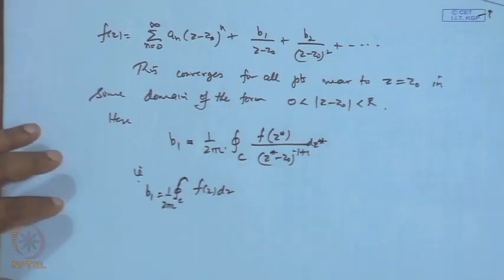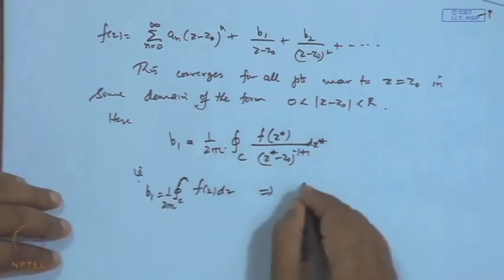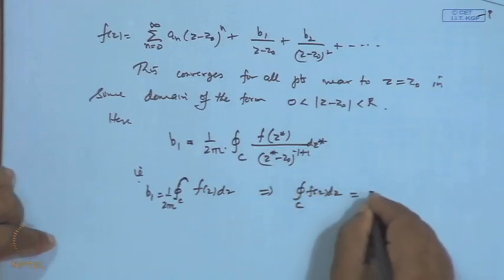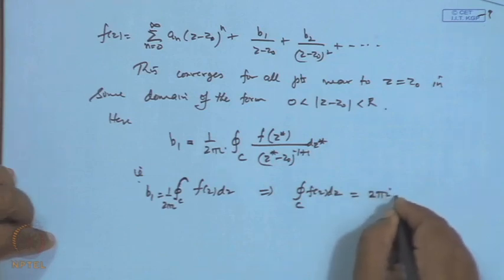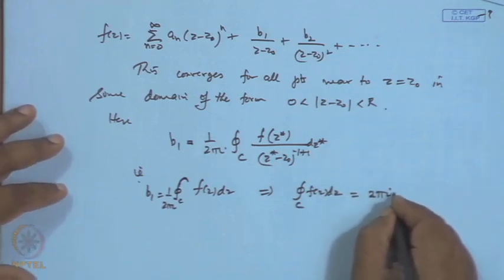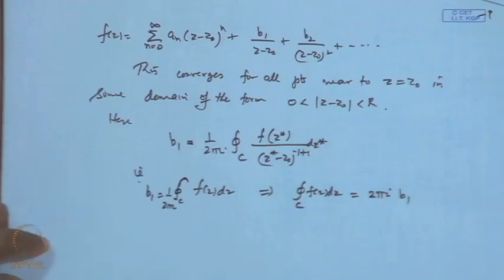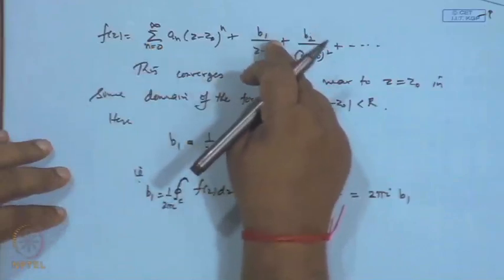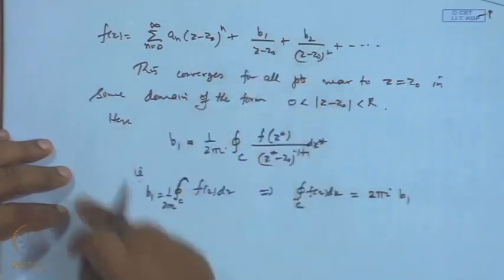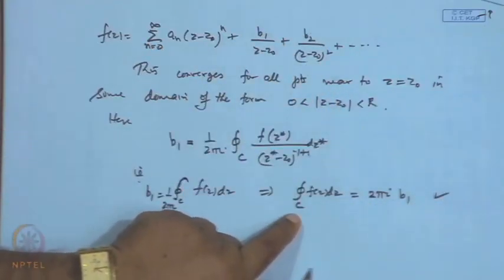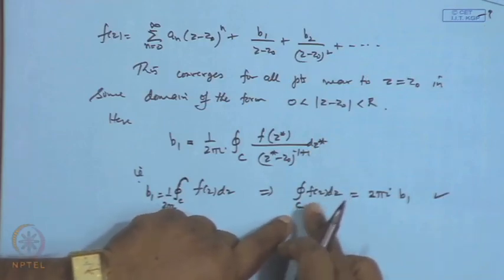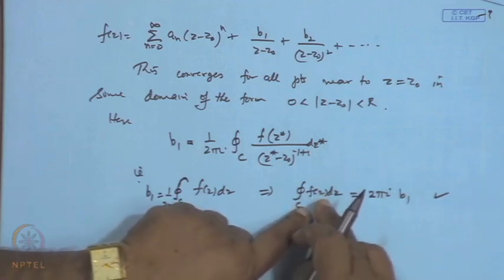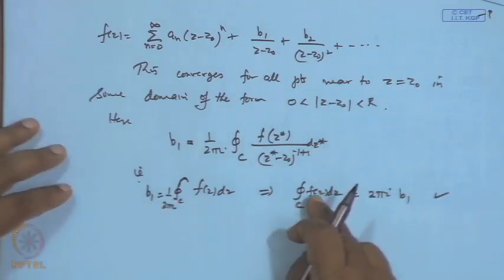This is our integral. So from here, the integral of the function f(z) dz along the curve C is 2 pi i times b_1. It means if I know the coefficient of 1 upon z minus z naught, then one can easily evaluate the integral along the path C, where z naught is an isolated singular point of the function f(z).